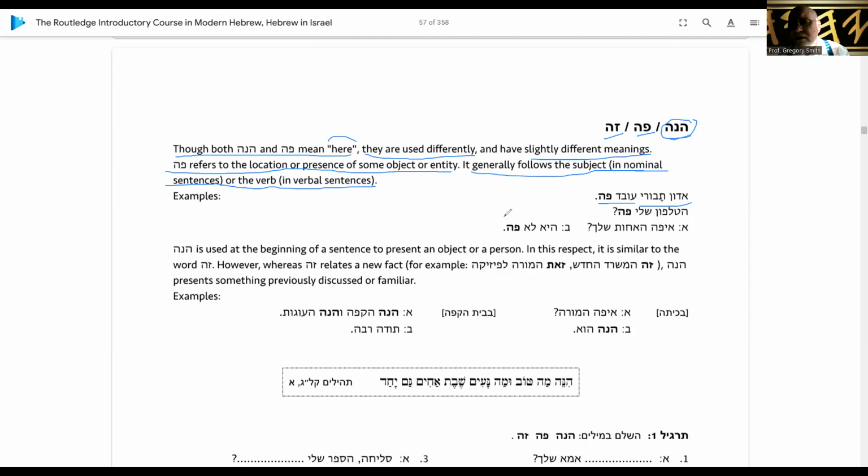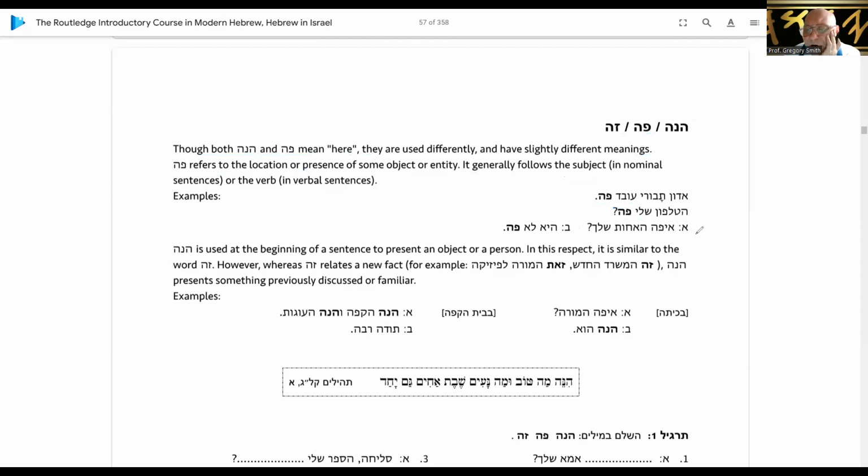Yeah, Mr. Taburi, Oved Po. Mr. Taburi works here, okay? How about this one? A telephone, Shali Po. In other words, is my telephone here? Notice this ha telephone. That's a transliteration of an English word, and Shali means mine, possessing to me. And then Po, is my telephone here? Okay.